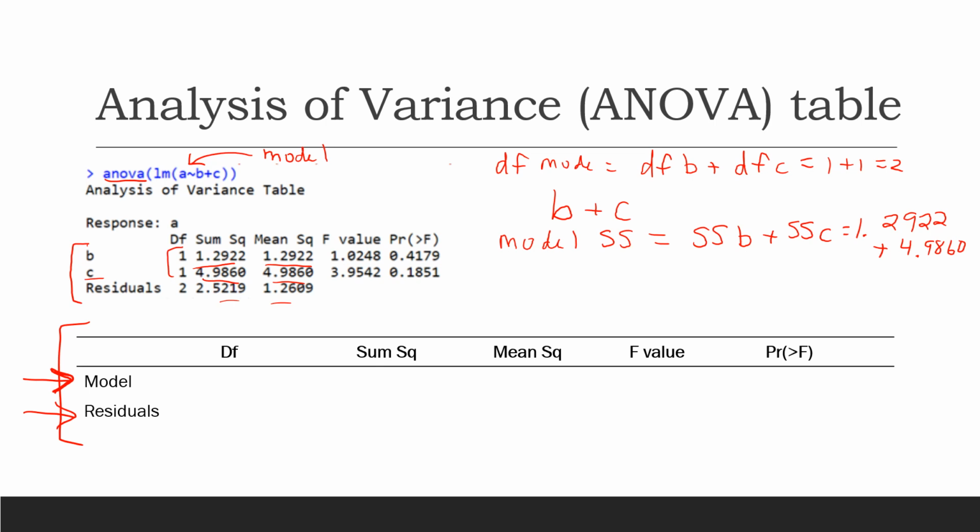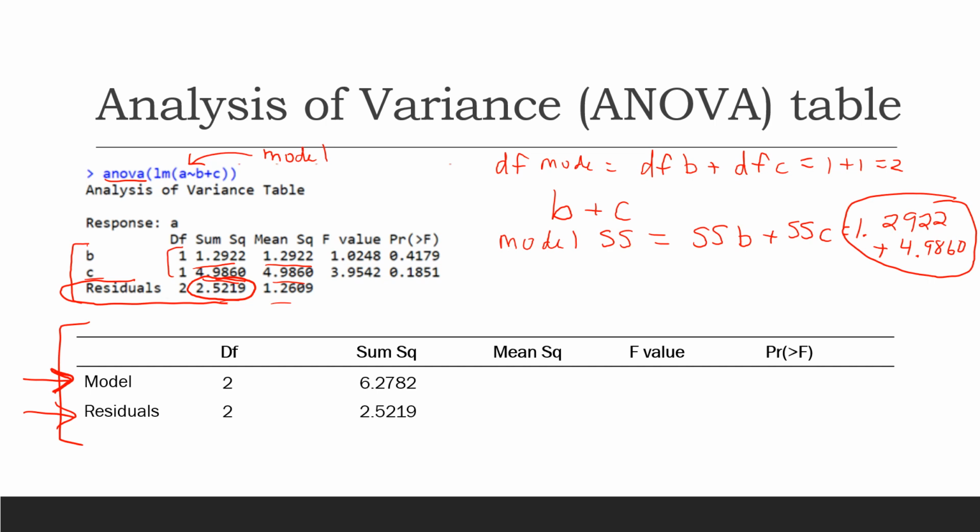So as I look through, my model degrees of freedom are 2. The residuals are already broken out on their own, so I know the residual degrees of freedom are 2. The sum of squares for the model, I just said I need to add these two values. And so that will give me 6.2782. The sums of squares for the residuals are given here.